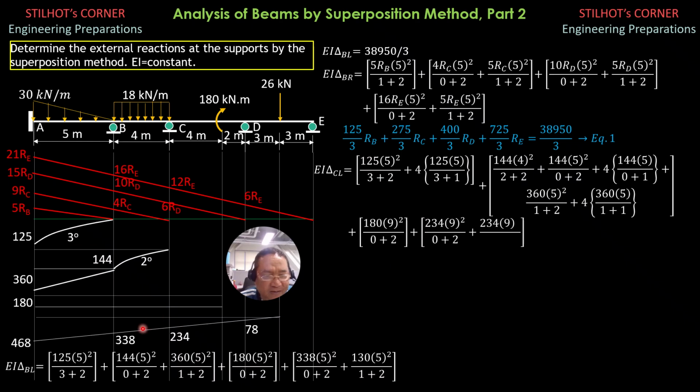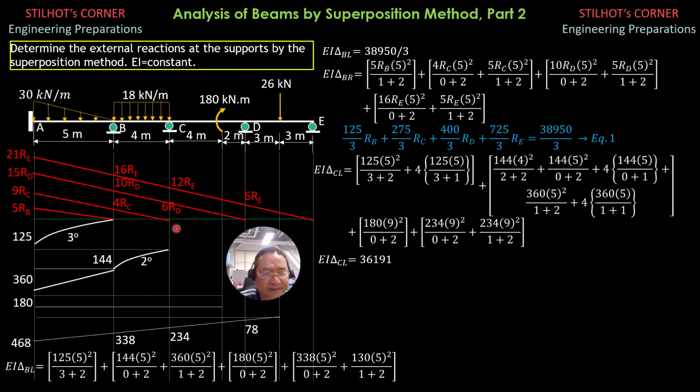And for the concentrated load 234, where 234 here is 468 minus 234, length is 9, so 9 square over first degree plus 2. So that's it. Computing EI delta C due to the load is 36191.